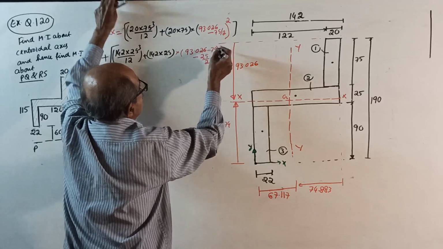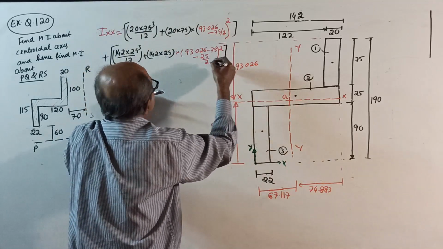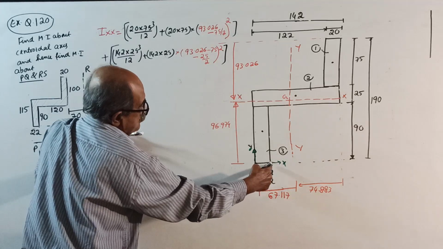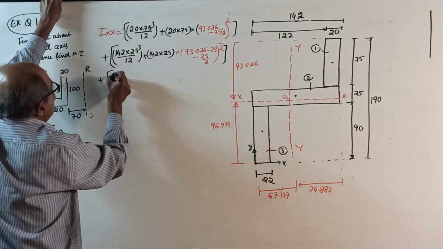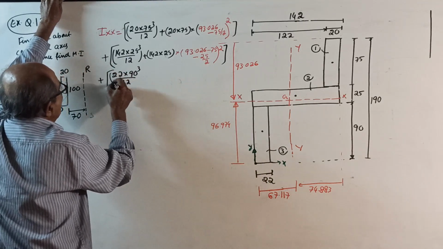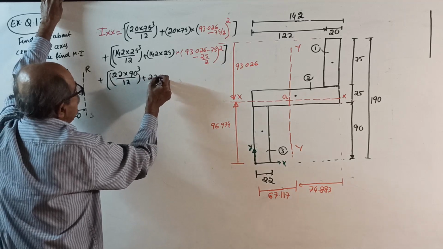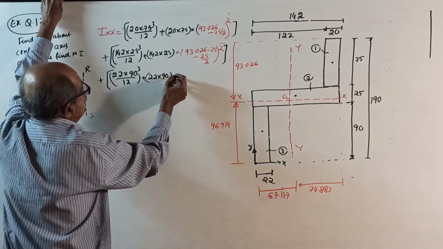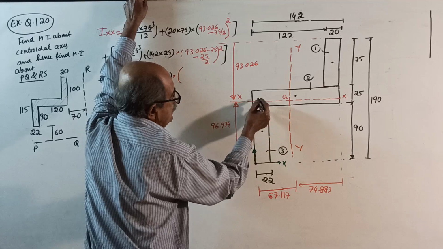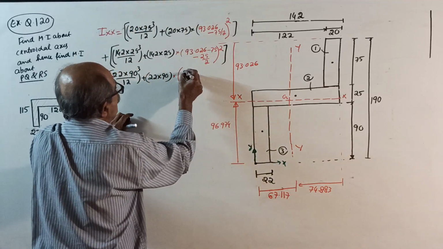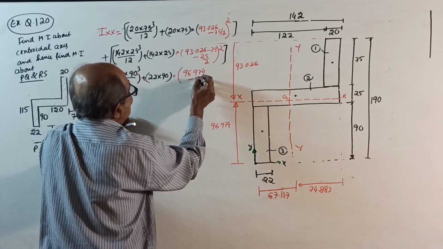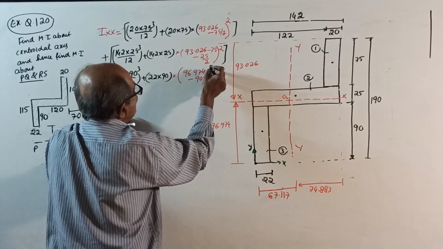Those who are serious will understand everything. That is what I want. Plus last one here: 22 into 90 cube by 12, plus 22 into 90 is the area, into centroid here 96.974 minus 90 by 2, whole square.